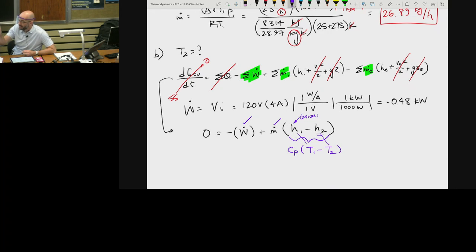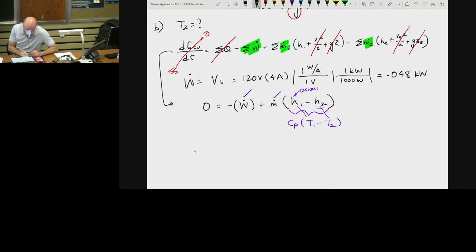So now I have 0 is equal to minus a minus 0.48 kilowatts plus my mass flow rate that I calculated earlier, 26.89 kilograms per hour, times C sub P, which is 1.0055 kilojoules per kilogram Kelvin.